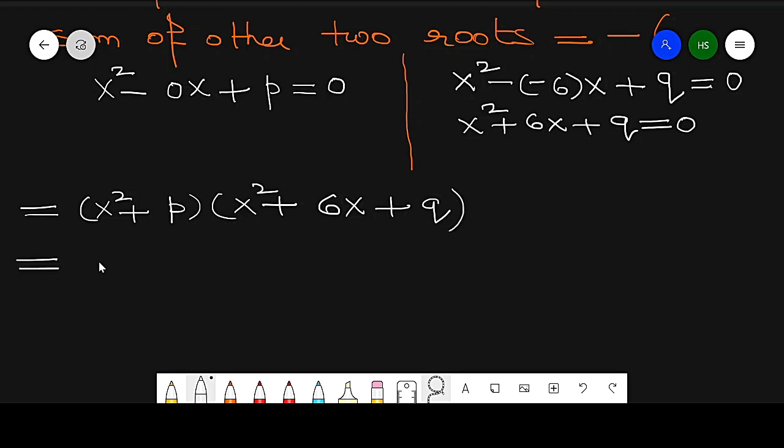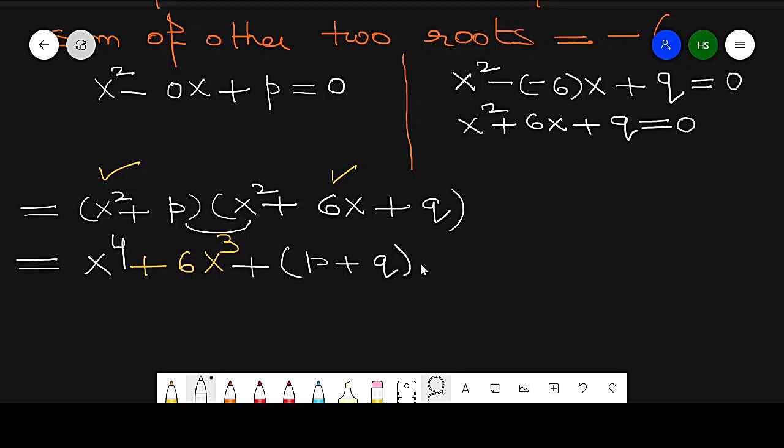So this will become x^4. Now the cubic term comes only from the product of these two terms, which is 6x^3. And then x^2: px^2 from this and qx^2, so this is (p + q)x^2.